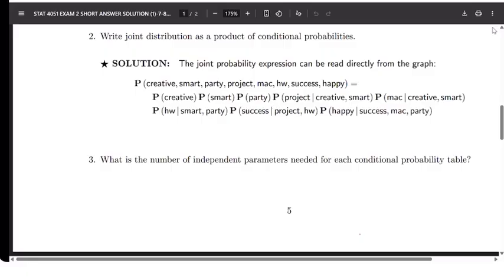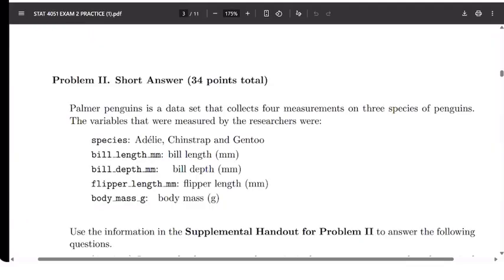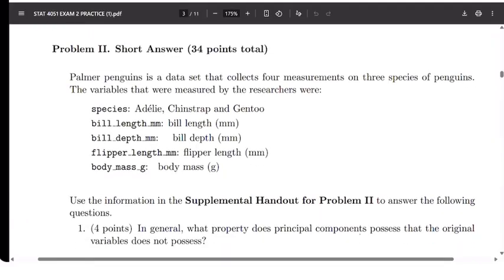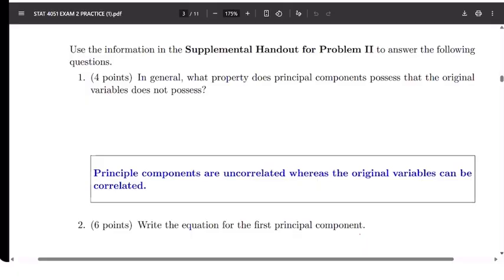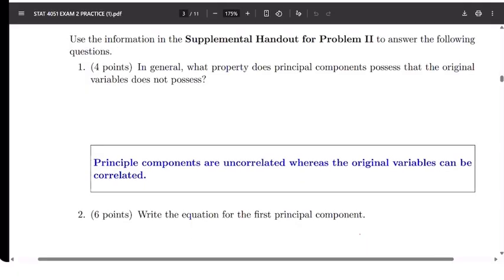Now, since that is done, please pay attention. Another question, which is 40 points, is factor analysis. Sorry, not factor analysis, that's a mistake. Principal component analysis.